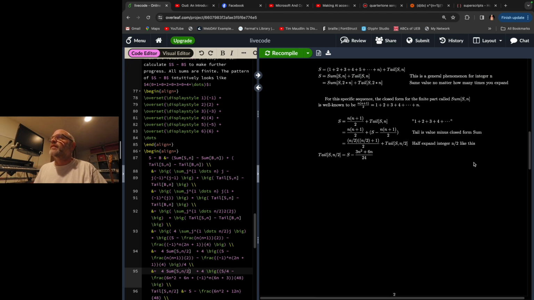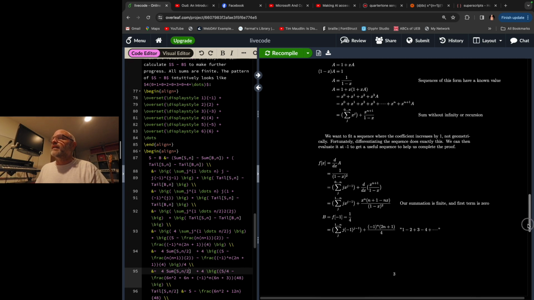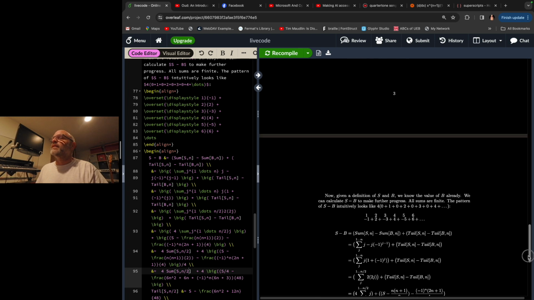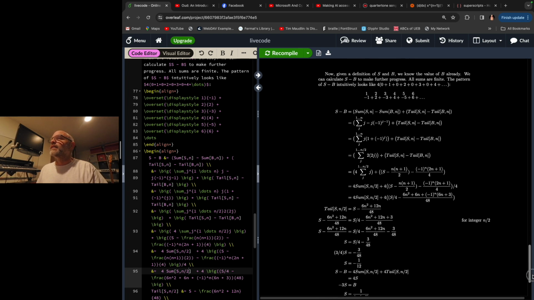So it's 3n squared plus 6n over 24, or it could be 6n squared plus 12n over 24. So s minus that. So I'm making a guess that that's what the value is for that.